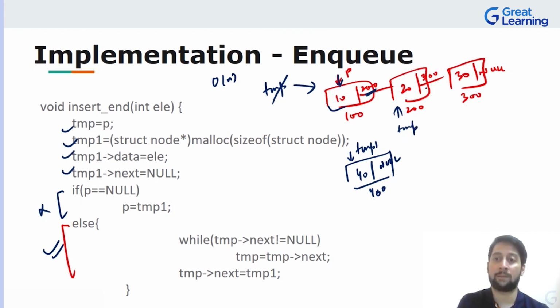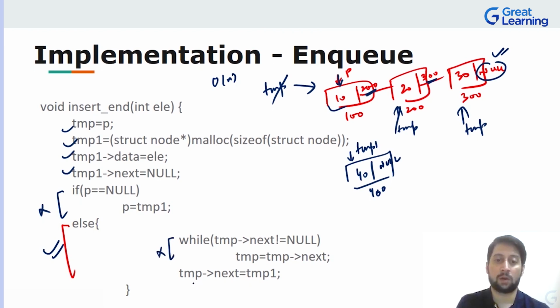Again we will check, is TMP's next null? No, it is 300. Then again we put TMP equal to TMP's next. Now this is pointing to 30, this node. Is TMP's next null? Yes, it is. So the condition is true and we are out of this while loop.